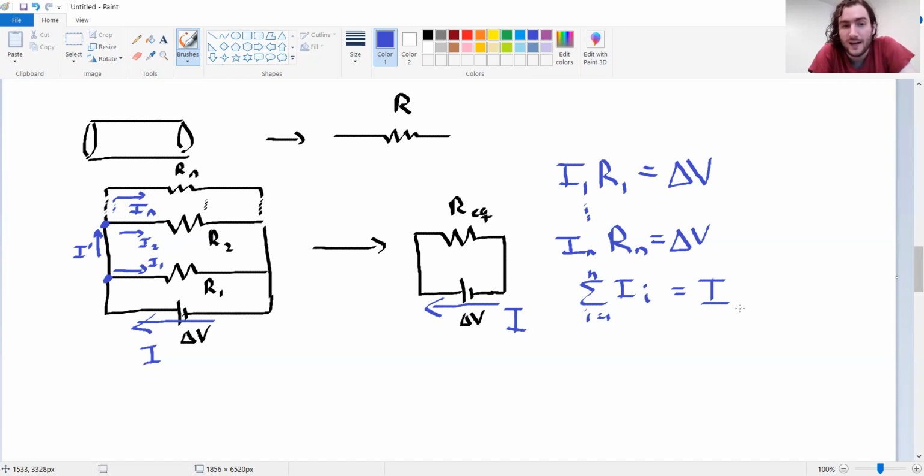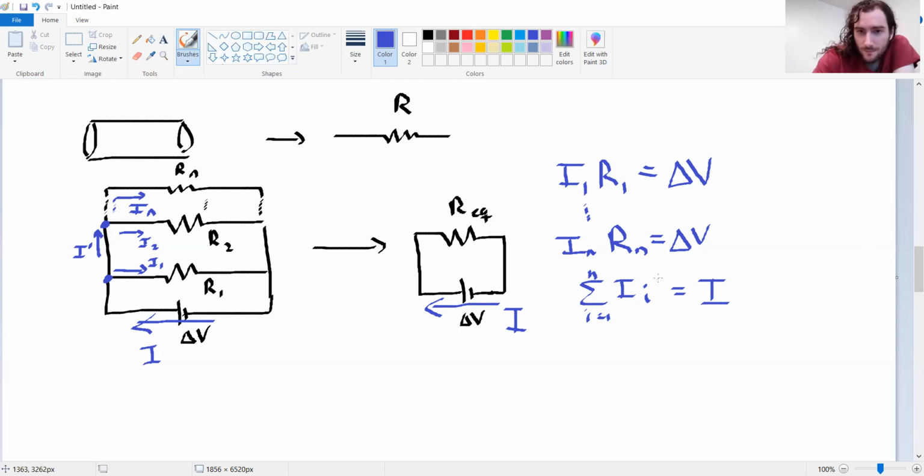The current is divided up amongst all of these resistors, and there's only a certain amount of current that's available. And so all that current is split along each of those branches of the circuit with R1 through R sub n. Then once those currents pass across those resistors, they have to recombine on the other side in order to conserve charge. Okay.